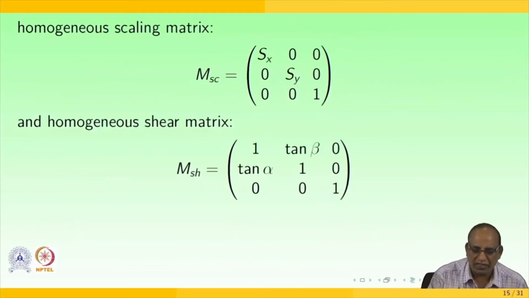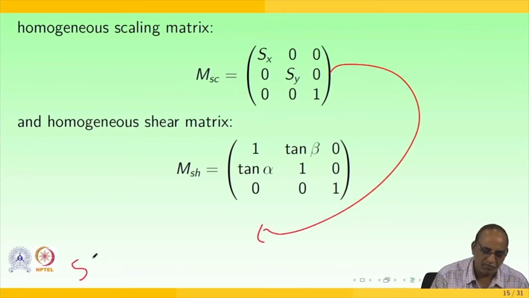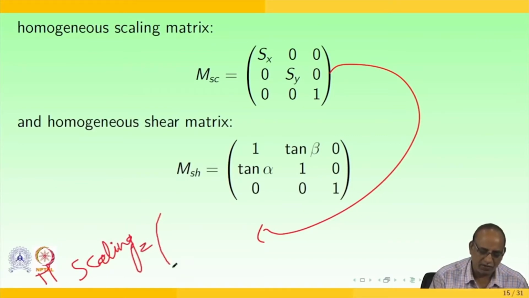The homogeneous scaling matrix, when you talk about the scaling matrix, that is capital M scaling, will be [Sx, 0, 0; 0, Sy, 0; 0, 0, 1].